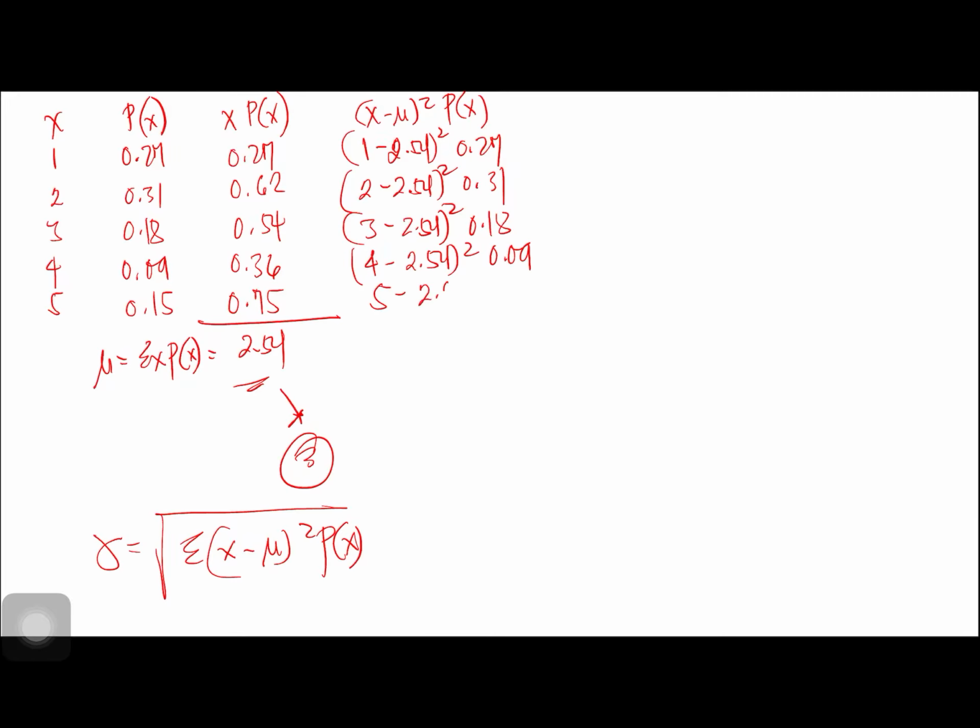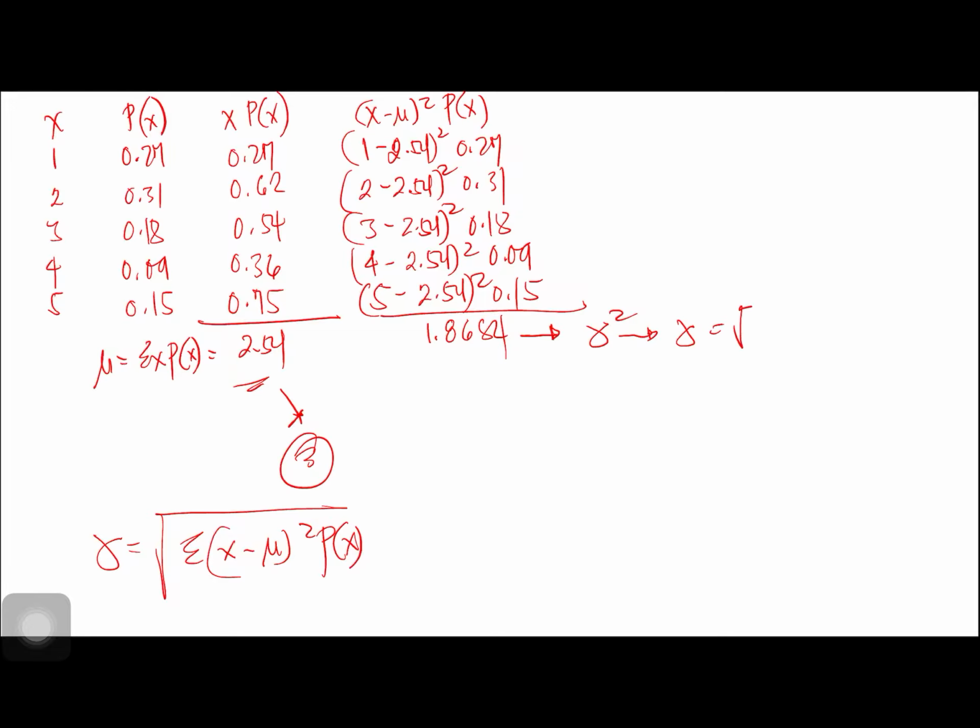Then 5 minus 2.54 squared times 0.15. Okay? So, we get the sum. We have there 1.8684. So this is not our standard deviation. This is our variance.